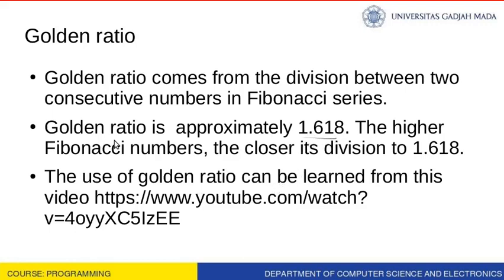Golden ratio is approximately 1.618. Actually it's not only 3 decimal places, but it's more than 3 decimal places, and it is infinity decimal places. However, I just write in these 3 decimal places, and the higher Fibonacci numbers, the closer its division or its ratio to this.